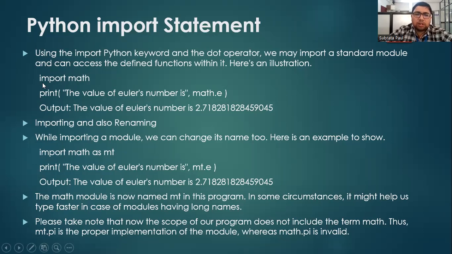So let us consider this example: import math, print the value of Euler number is math.e. What we have done in this program code is imported the math module, and then used the Euler number constant within the math module. Therefore, we have written math.e.